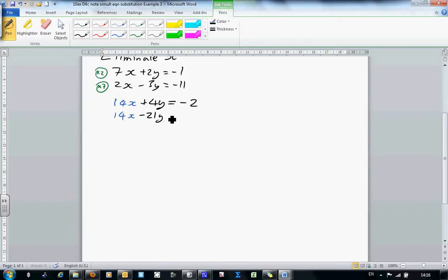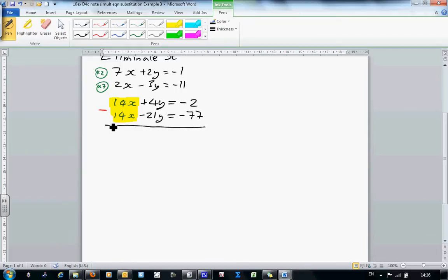Now you can see that these two leading terms, the x terms, are the same. They're both exactly the same. And so in order to eliminate those, what we need to do is subtract them. So if I subtract the bottom from the top, 14 take away 14 is 0.